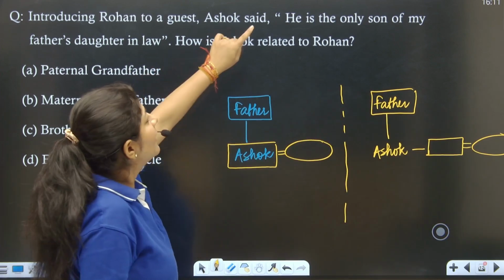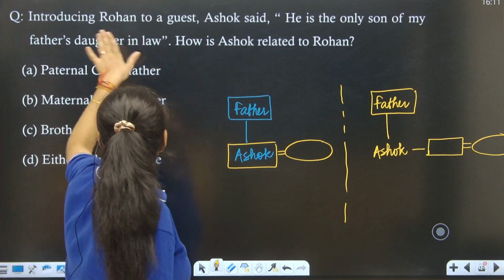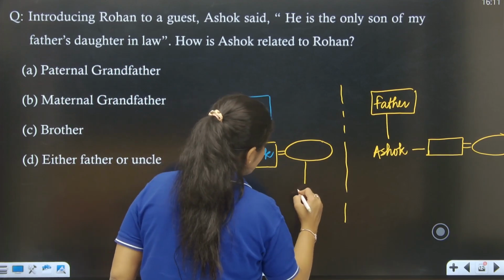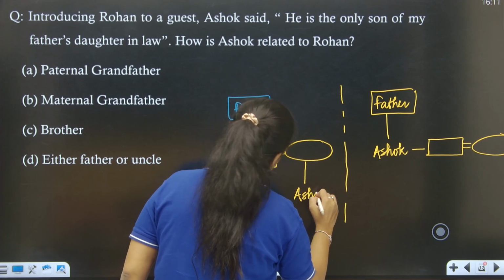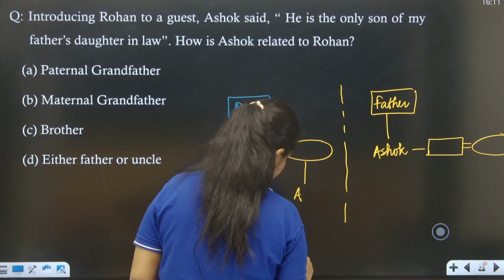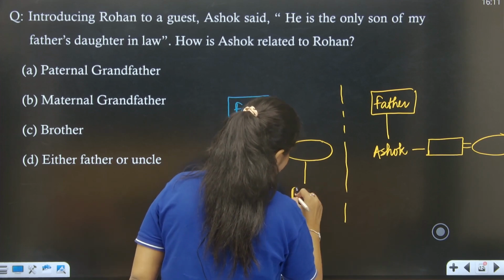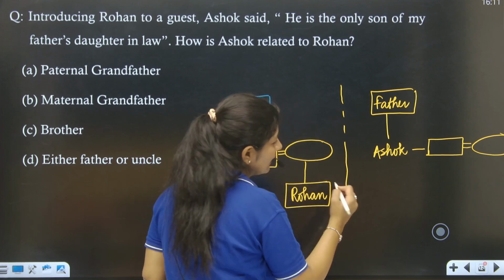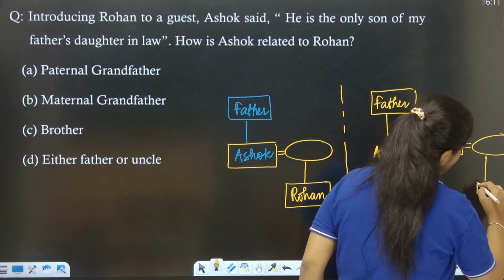Okay, now he is the only son of my father's daughter-in-law. That means here we are having Rohan. As he is the only son, we can write it like this.